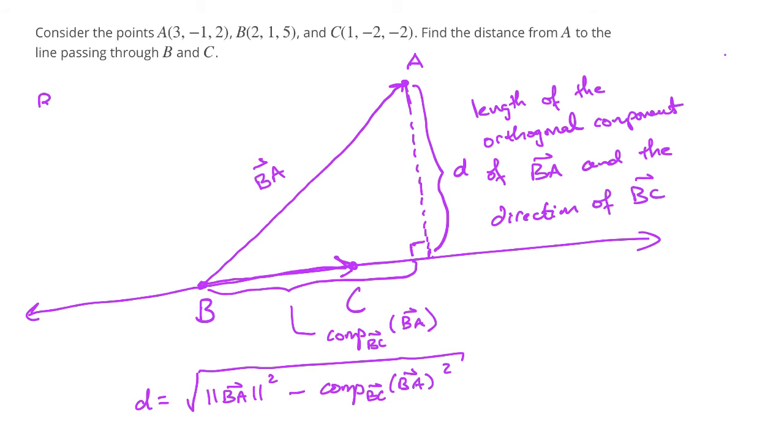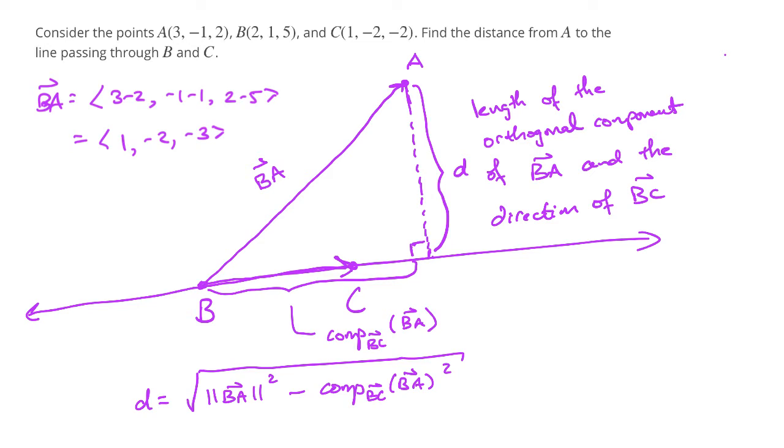So for our vector BA, we have ending point minus beginning point. So we have 3 minus 2, then we have minus 1 minus 1, and 2 minus 5. And so for our vector BA, we have 1, negative 2, negative 3.